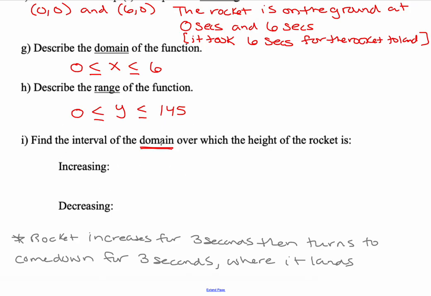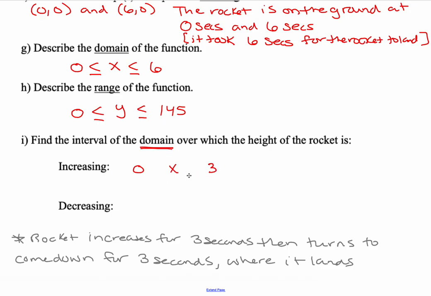I know that it's the domain, so I'm going to have to use my x's. It is going to start and stop because it does turn. It started at 0 seconds, so my 0 will go for my increasing. And then it went up for 3 seconds, so I know that it turned at 3 seconds, so my highest value for increasing is at the 3.